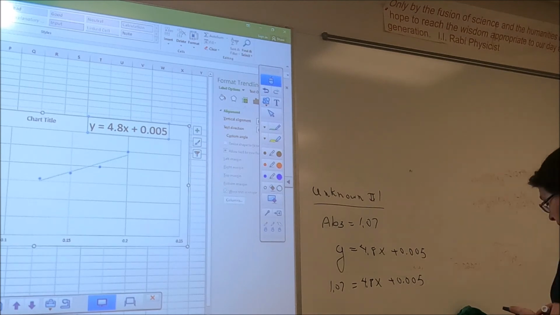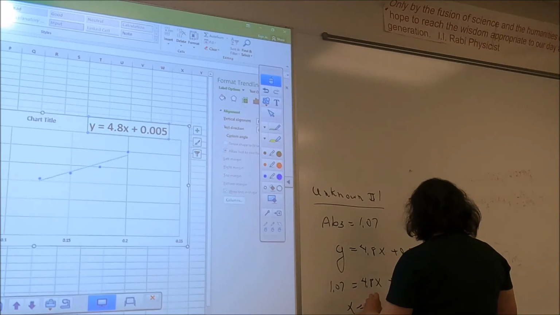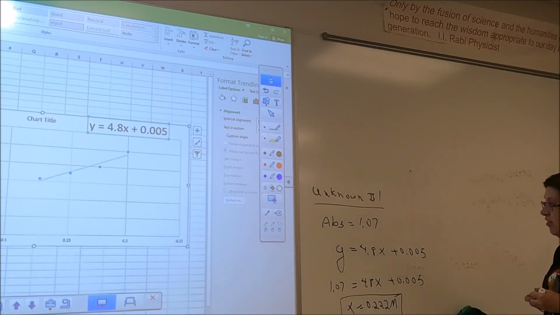So 1.07 minus 0.005 divided by 4.8 would tell me that my x was 0.222 molar. So that would be my concentration of cobalt in unknown number 1.